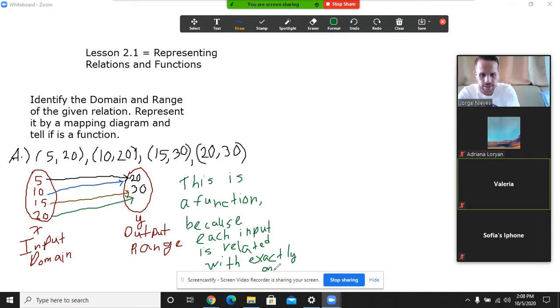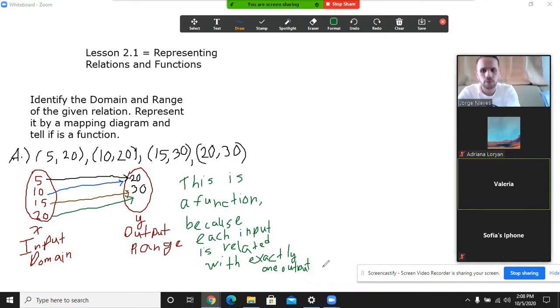Y usted me puede decir, pues Nieve, ¿cómo? Ya le contesté cuál es el dominio y cuál es el rango. ¿Cuál sería el dominio según lo que hemos explicado? Exacto. Y el output, el rango, sería pues la Y, ¿ok?